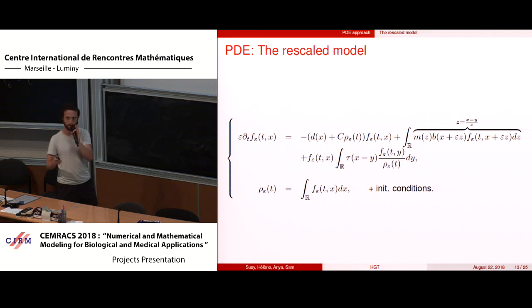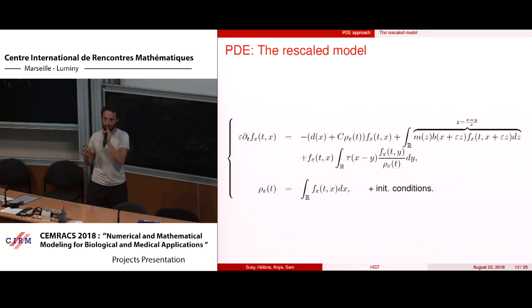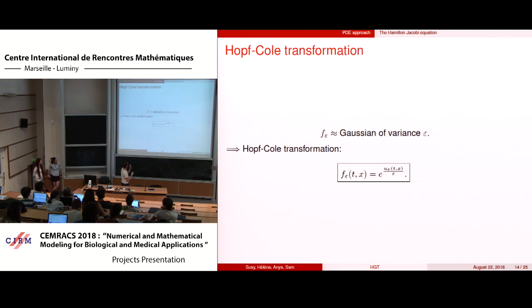But again, to be able to pass to the limit when epsilon goes to 0, we have to remember that we expect F to be of the form of a Gaussian of variance epsilon, which is the size of the mutation. And so we perform the celebrated Hopf-Cole transformation, which is we change our variable.